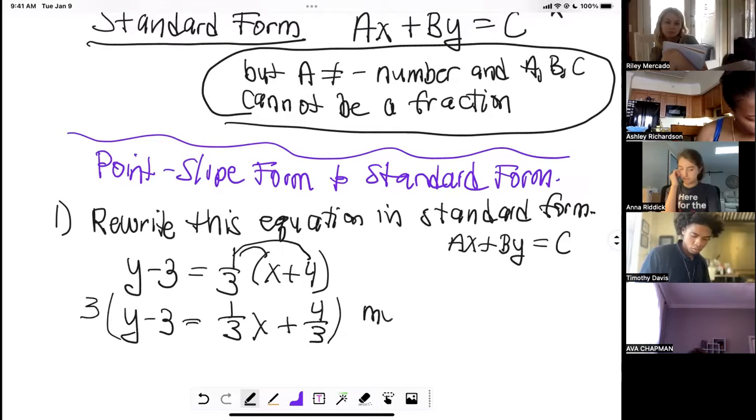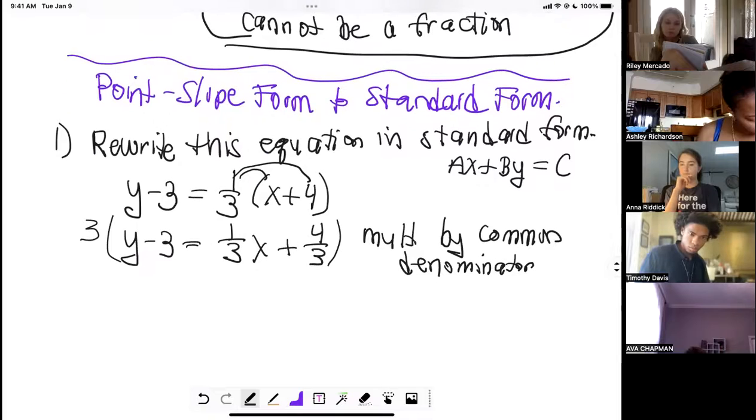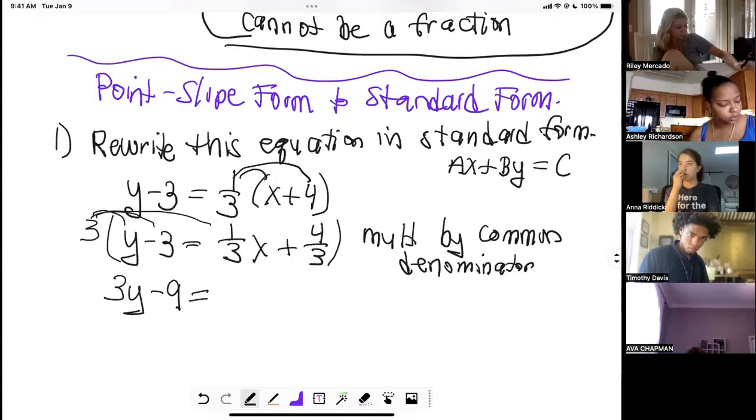Multiply by common denominator. What happens is there'll be no fractions left. So 3 times y, 3y, 3 times -3, -9. And now 3 times 1/3. What's 3 times 1/3? Well, 3 times 1/3 is 1.